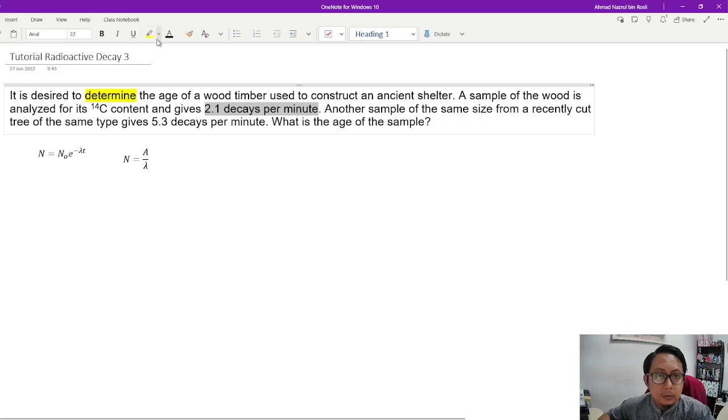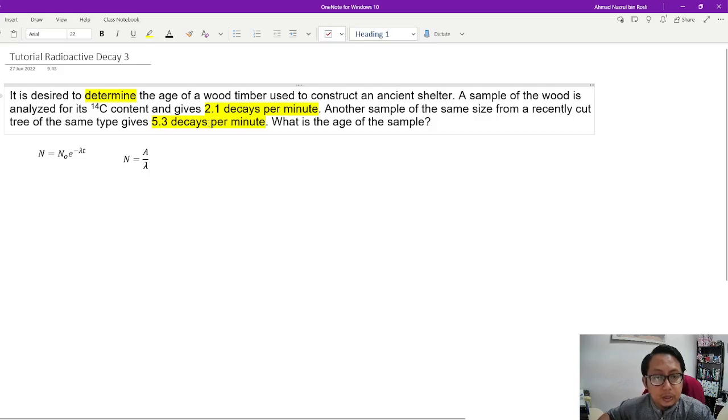This is the information that we need. And then to make a comparison, they use a recent sample of the same type of wood, the same type of tree, and they found that this has a decay of 5.3 decays per minute.